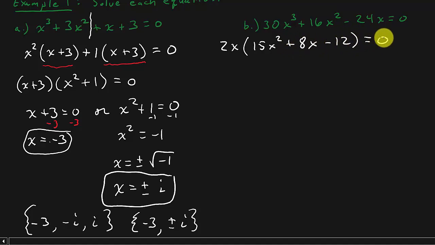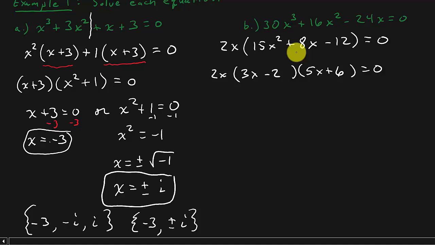All right. And then we need to see if we can factor this trinomial here. So that's 2x times, and let's see, that will factor into 3x minus 2 and 5x plus 6.